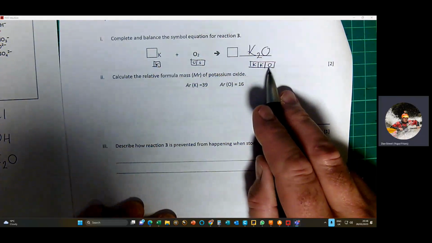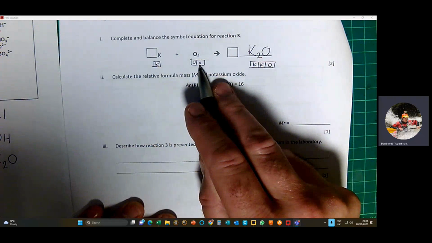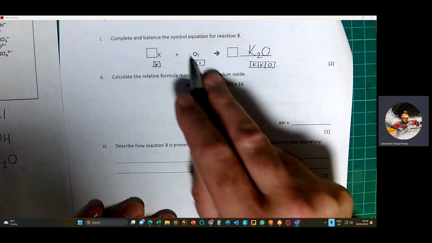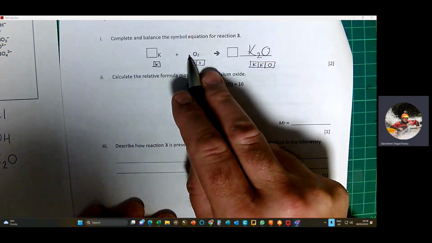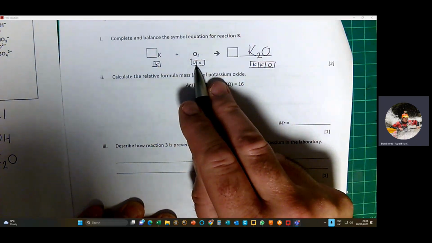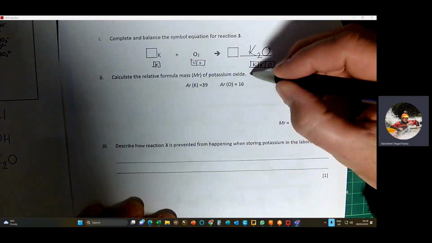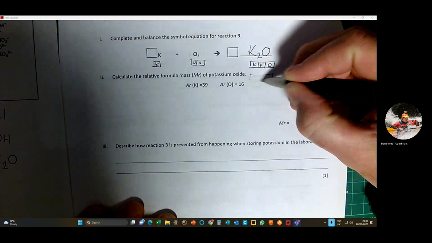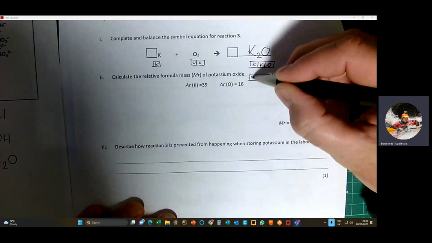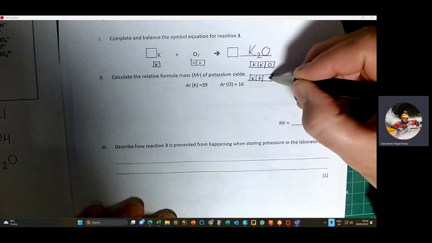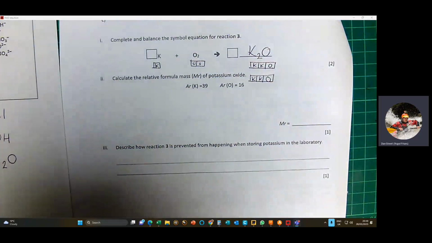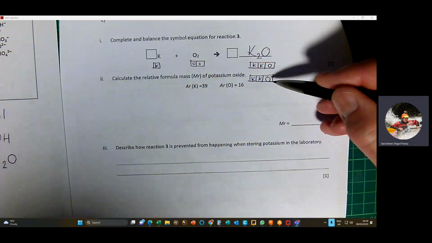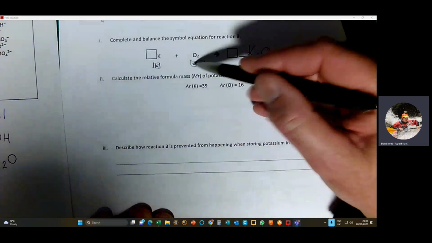Now, in this case, it might be better to balance the oxygens first. We know there's going to be no more oxygens because there's no box present. So we know we've got to have 2 oxygens on this side, and the only place that oxygens appear is as part of the K2O. So that must mean there's a whole extra K2O. So we've now got the oxygens balanced because there's 2 of them there and there's 2 of them there.